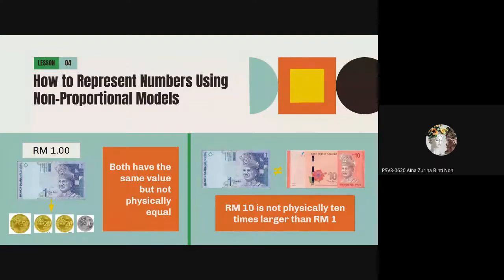And then the teacher will compare the 1 ringgit and 10 ringgit, which have almost similar physical size, but it doesn't mean that 10 ringgit is physically 10 times larger than 1 ringgit. I think that's all. Thank you.